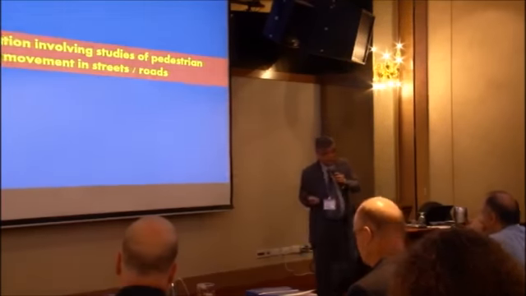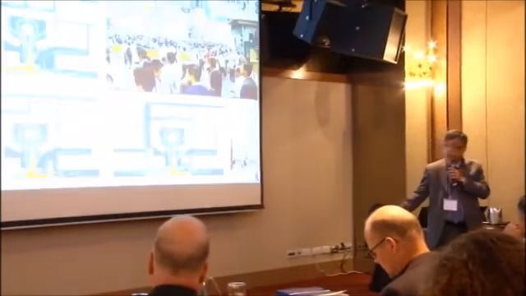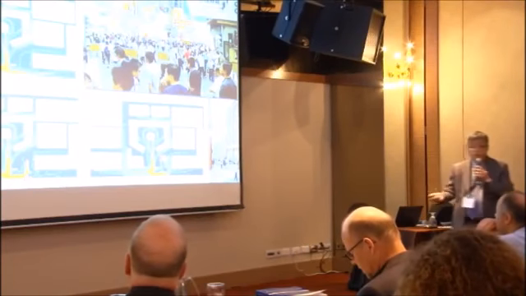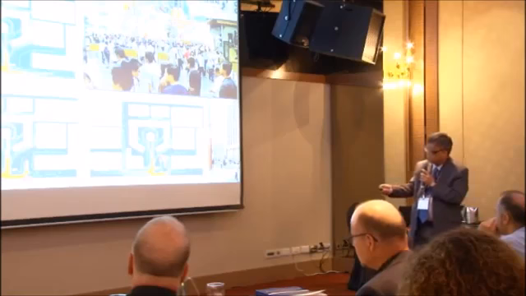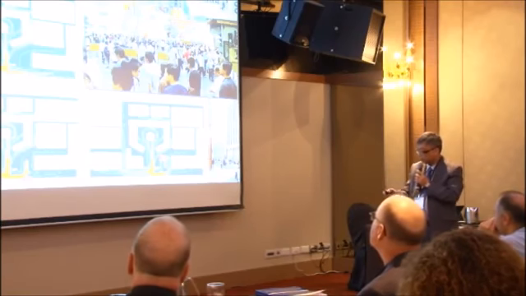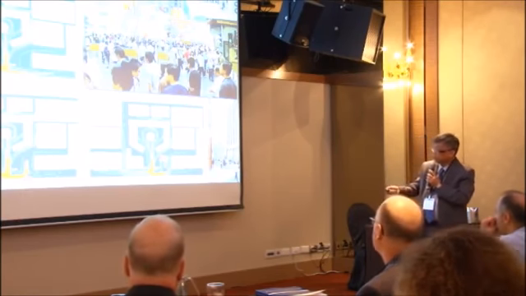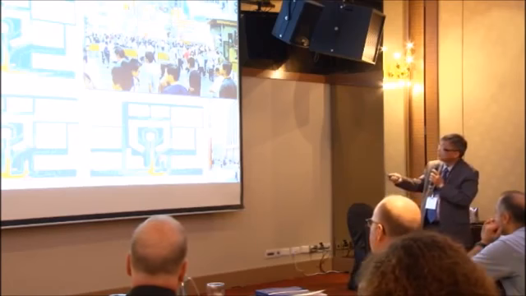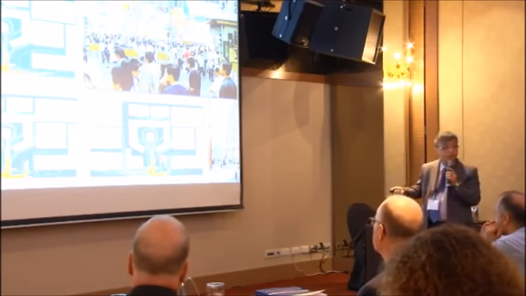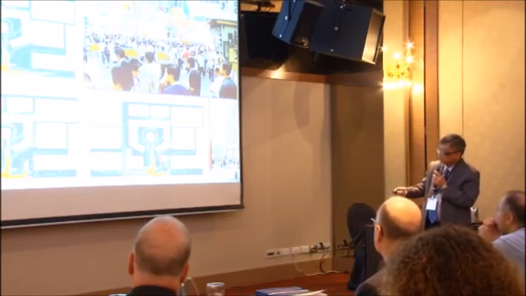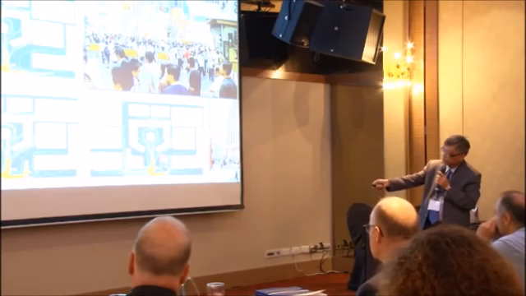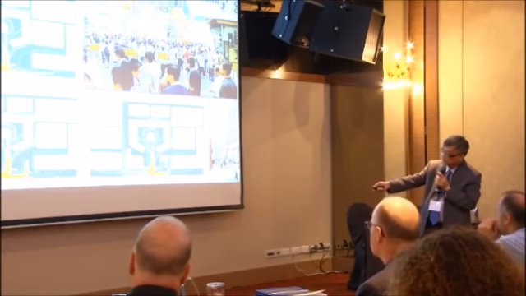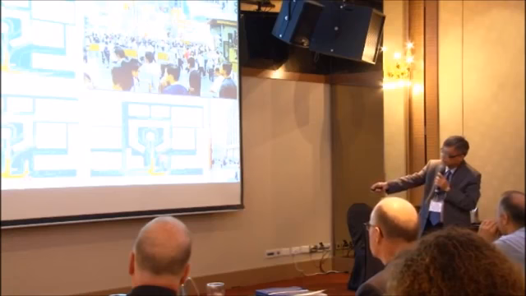Apart from that, we also make use of the model to see how people move in the urban setting. We use it to check the location of the station entrance, such as where to put the station entrance and where the opening will be. In this case, the opening was directed towards the street, and you'll see a lot of people causing congestion at this part.